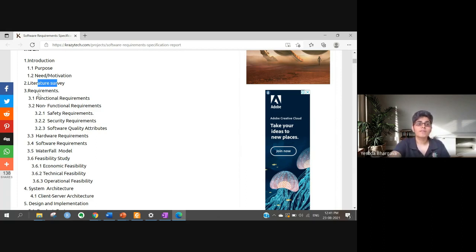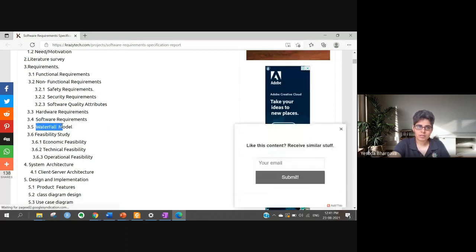In the requirements, this person is talking about functional requirements, non-functional requirements, hardware requirements, software requirements, and has also given the choice of the software development life cycle the person is using for developing the software.